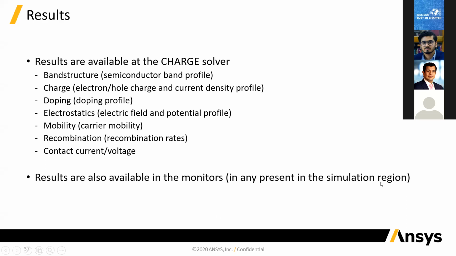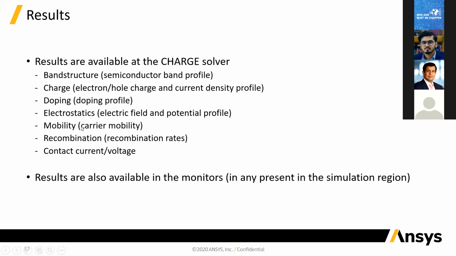Some of the results that the charge solver reports are, for example, the band structure, the band profile inside the semiconductor, which is reported automatically. The charge density is reported. The doping profile is reported. So once you have run your simulation, you can view the 3D doping profile and make sure that everything looks okay. Electrostatics gives you the electric field and the potential profile. You also can see the carrier mobility.